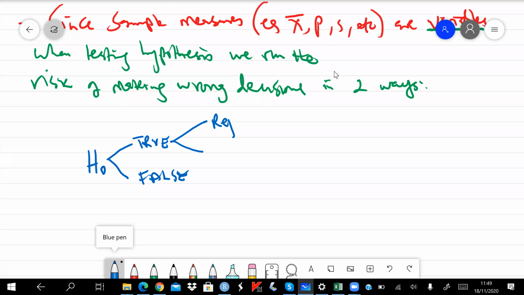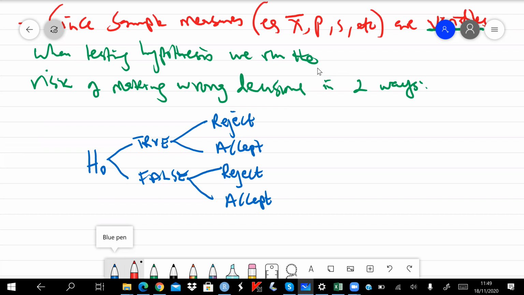You can reject or you can accept. Even when you are here, you can reject, you can accept. Okay. It's good to note that whether the hypothesis is true or false is not known to the researcher. You don't know. You just make a guess based on your experience or your knowledge about the subject matter.